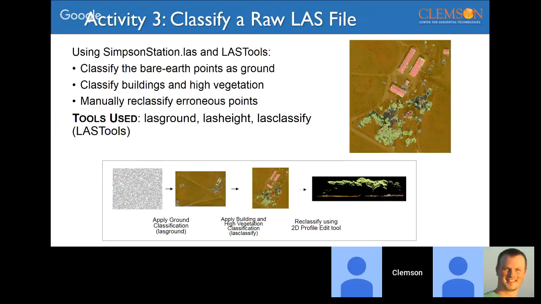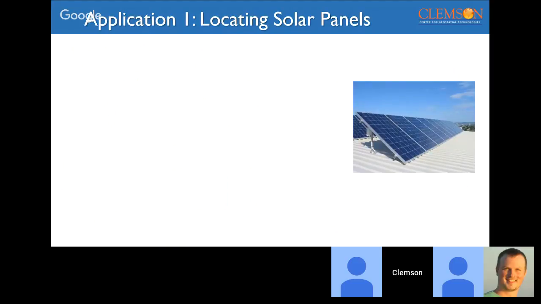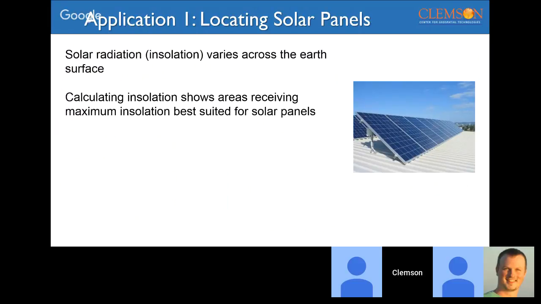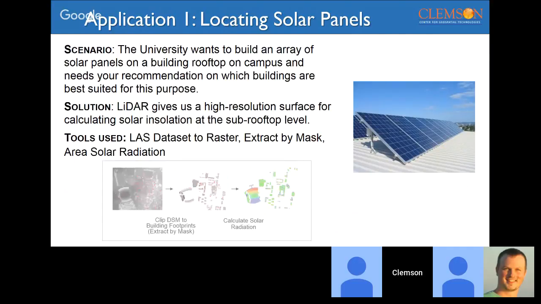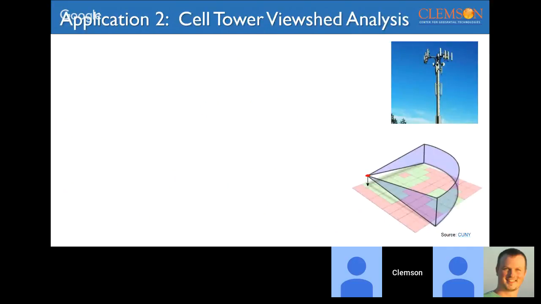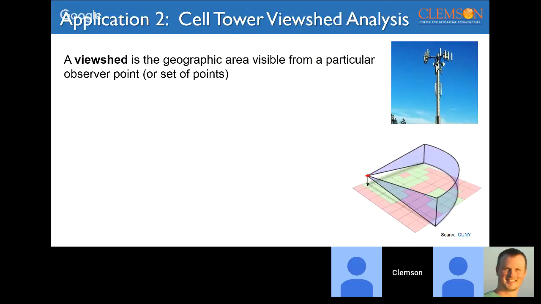We're going to skip classifying a raw LAS file for today. I have an application for locating solar panel arrays, basically doing a solar radiation calculation. A cell tower viewshed analysis. So a viewshed is the geographic area that's visible from either a point or a set of points or a line or polygon.